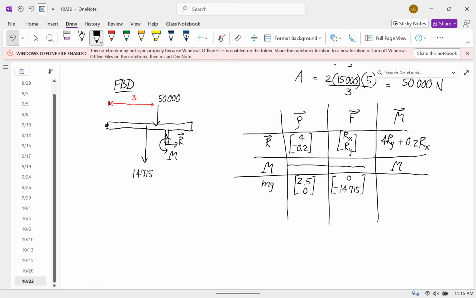So that is negative 36,787.5. And then the last one is the distributed load. That row vector is 3, 0. The force is 0, negative 50,000. And so the moment is negative 150,000.